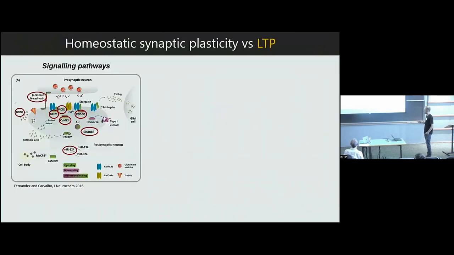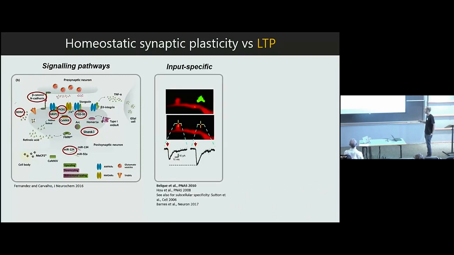And I will start by highlighting a few points. The first one is that these two types of plasticity converge on common signaling pathways and molecular actors, which are highlighted here, and they both rely on protein synthesis. The second aspect is that a few studies show that homeostatic plasticity can be expressed in subcellular compartments independently from the cell body. One example here is where individual presynaptic terminals were silenced by overexpressing the KIR2.1 channels.